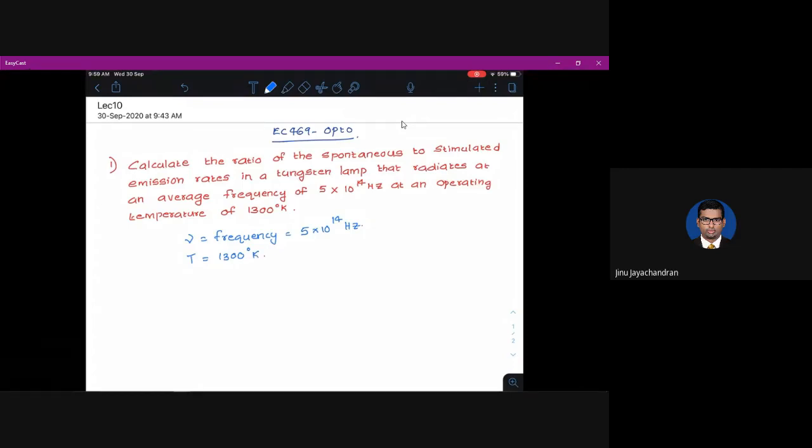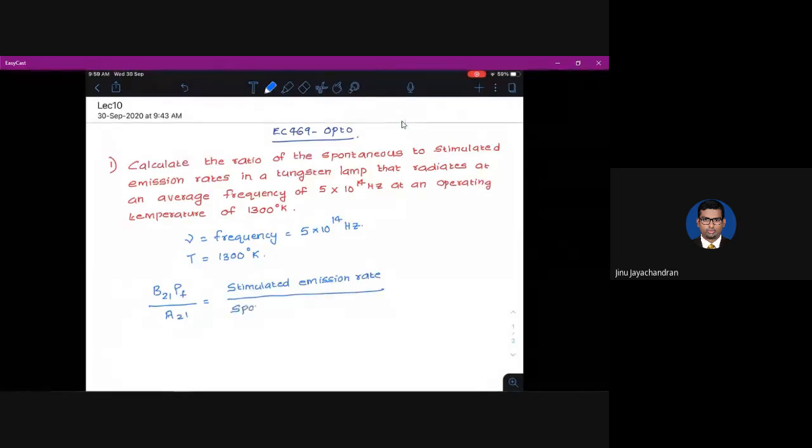And we know that the ratio B21 rho F divided by A21 is equal to the stimulated emission rate by the spontaneous emission rate.